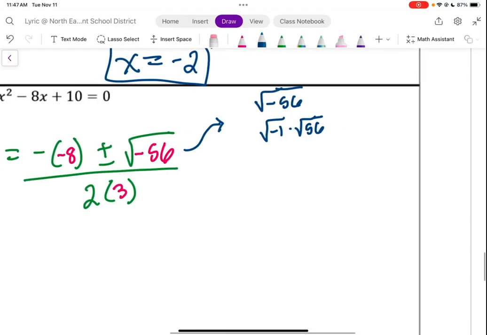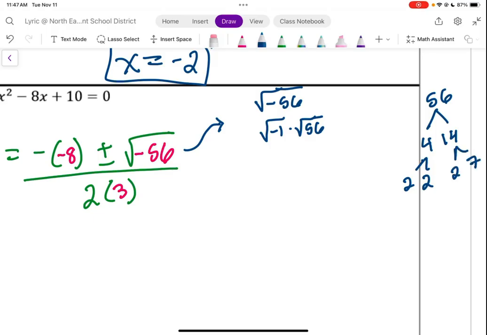You guys can do the factor tree for 56, or you can do the perfect squares method that I taught my 5th period. So 56, we know 4 times 14 is 56, 2 times 2 is 4, and 2 times 7 is 14.